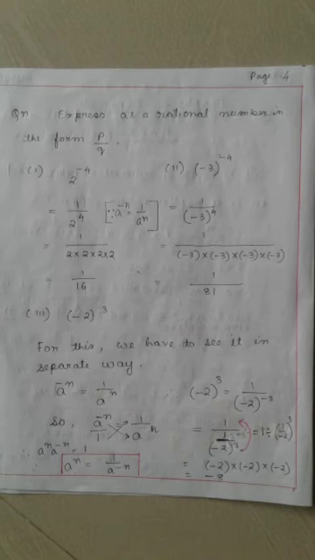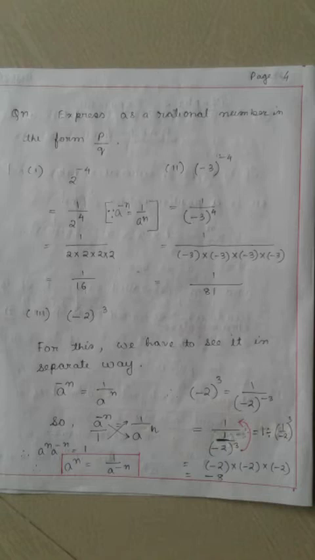In the third example, minus 2 to the power 3. For this we have to see it in a separate way. As we all know, a to the power minus n equals 1 by a to the power n. Considering the denominator of a to the power minus n, which is 1, we cross multiply both the quantities, which gives us a to the power n is equal to 1 by a to the power minus n.